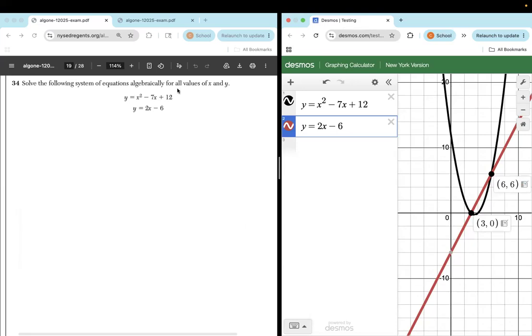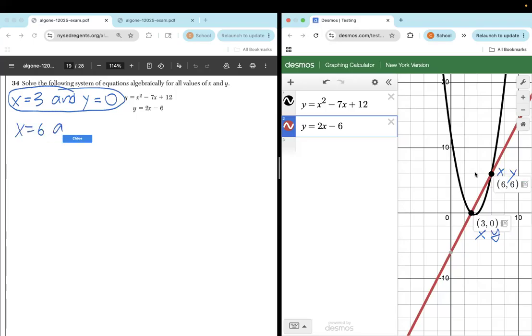It says for all values of x and y, so they want both solution points and they want x and y for each one. So we can write x equals 3 and y equals 0. That's this solution. That's one. And we can write x equals 6 and y equals 6. That's the other.